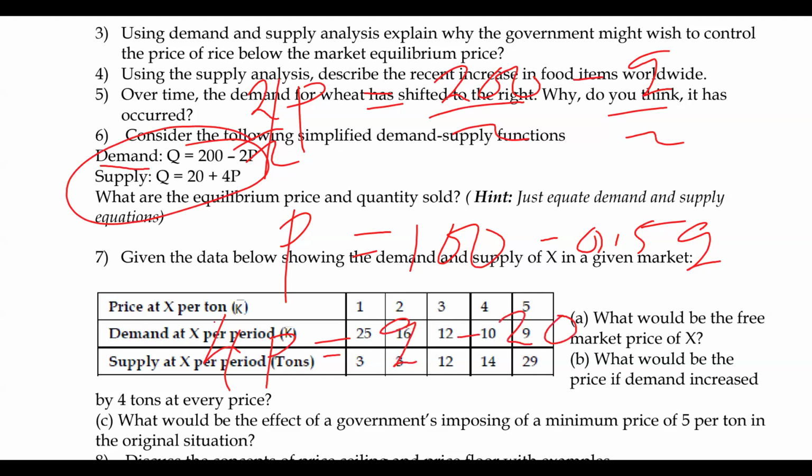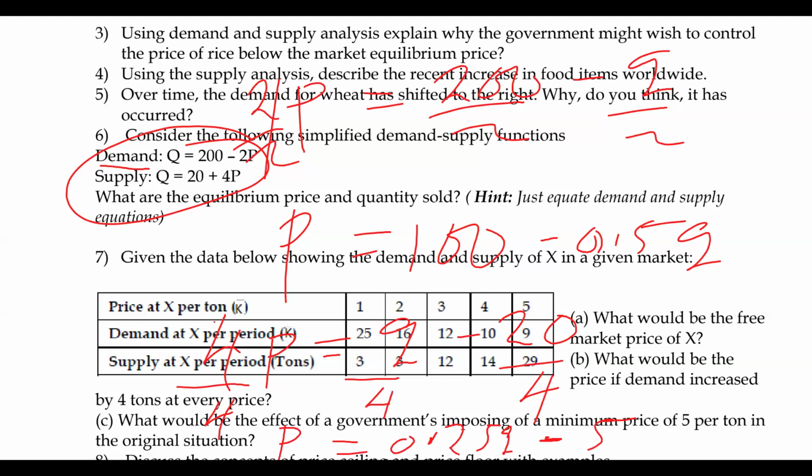Minus 20. This is the same stuff. 0.25 minus 5q. 0.25 times 140 is how much?